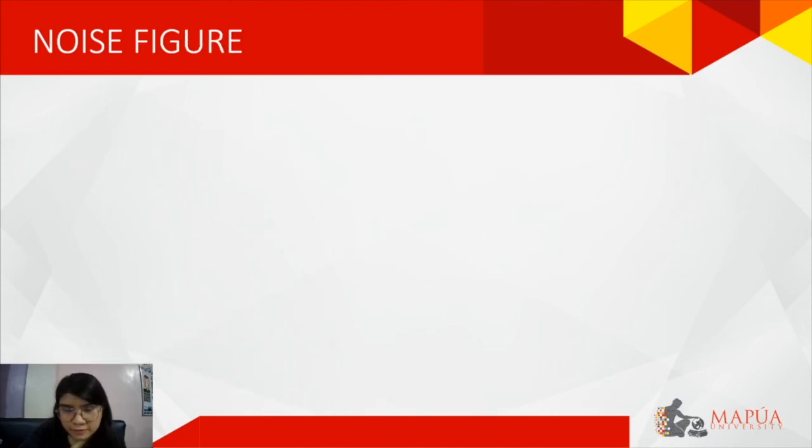Next is noise figure. Noise figure is a number by which the noise performance of an amplifier or a radio receiver can be specified. The lower the value of the noise figure, the better the performance. Essentially, the noise figure defines the amount of noise an element adds to the overall system. It may be a preamplifier, mixer, or a complete receiver.